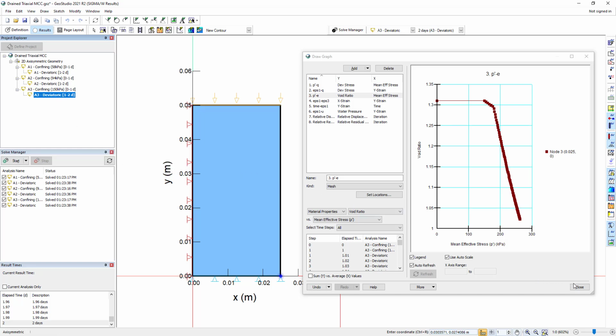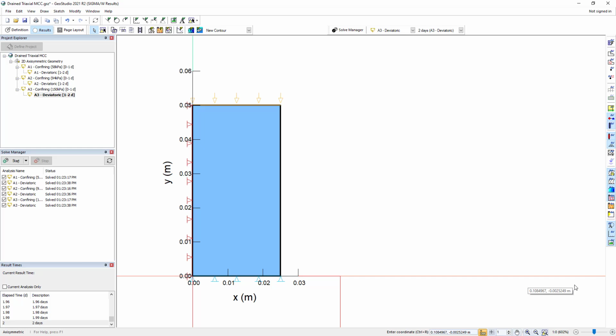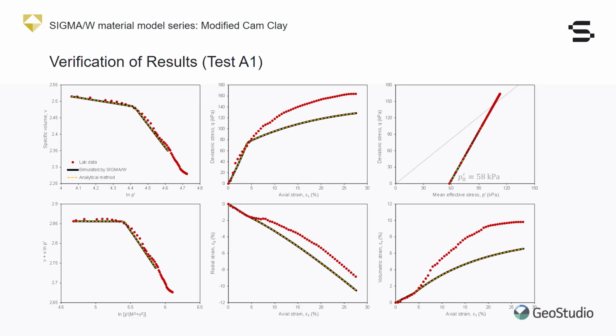Let us now compare these results with the analytical solution and also with the corresponding laboratory data. The different simulation results of test A1 are compared here with the corresponding laboratory results.